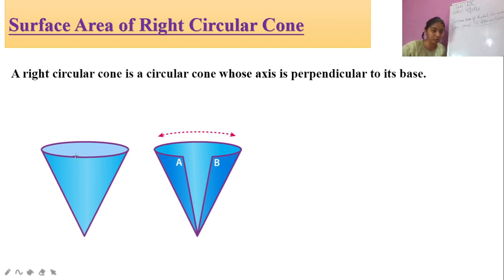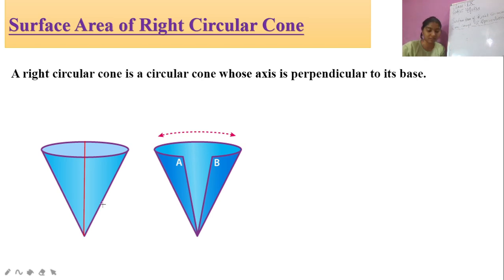So here you can see this is a right circular cone because it forms a 90 degree and it's in a circular form. As you can see, this is a 90 degree right angle triangle, and if I rotate it clockwise or anti-clockwise, again I get the same 90 degree axis, right? It is perpendicular to the base, which is a circular part.